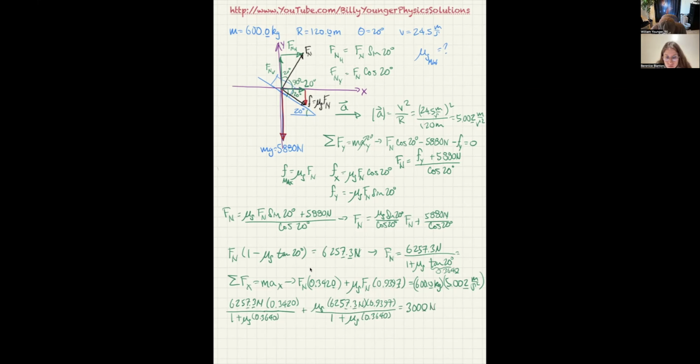Now what we've got to do is figure out some way to solve for mu sub s. Luckily, that 1 plus mu sub s times 0.364 is on the bottom of both terms. So I'm going to multiply both sides by 1 plus mu s times 0.3640.